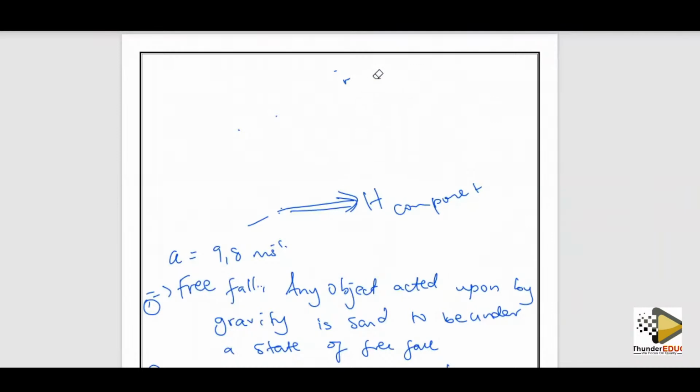We have quite a number, and we just need to be really selective in which one to use. Newton's equations of motion. We know the first equation, which is V final is equal to V initial plus acceleration times delta t.